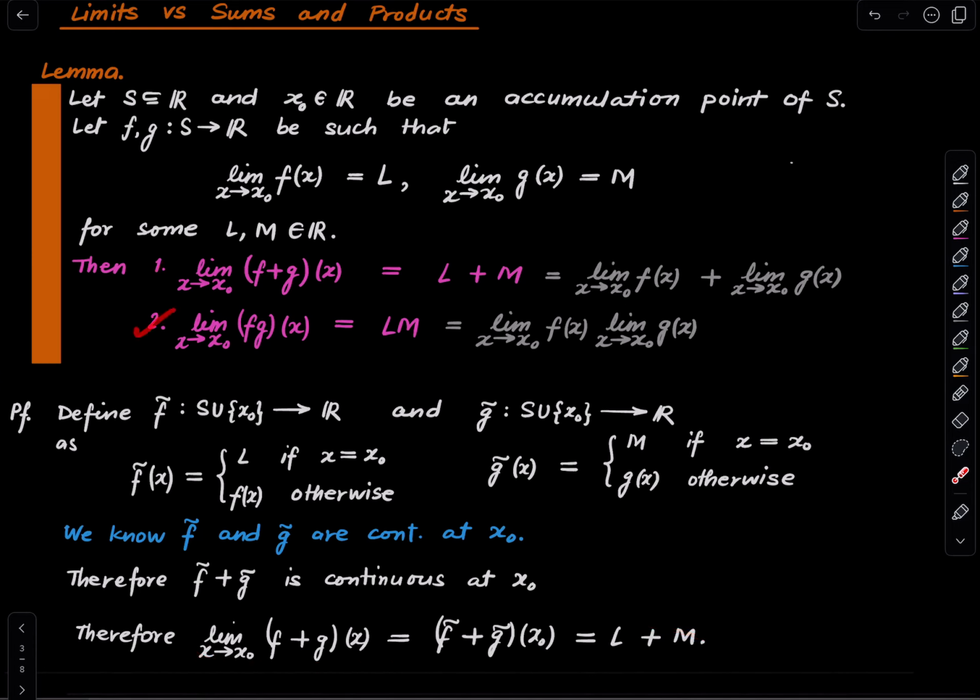Part 2 holds very similarly, and that's it. We are just using algebra of continuity. If you like, you can prove these two things from first principles of limits. And it's a good exercise in epsilon and delta if you're not yet comfortable. But we are just leveraging on what we have already proven. Okay, so let's move on.